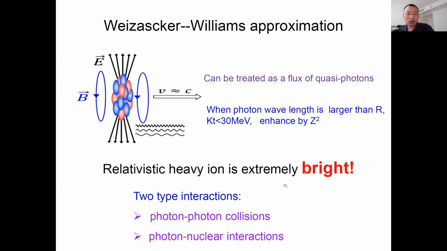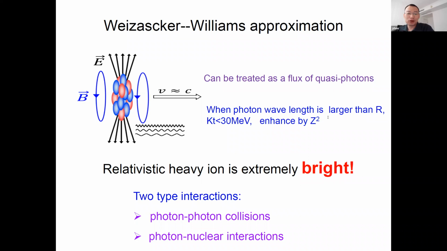When the wavelength of the quasi-real photon is comparable with the radius of the hadron or ion, the classical electromagnetic field is coherently generated by all charges inside the nucleus. So the strength of the field is proportional to the nuclear charge number. Correspondingly, the number density of coherent photons is proportional to Z squared.